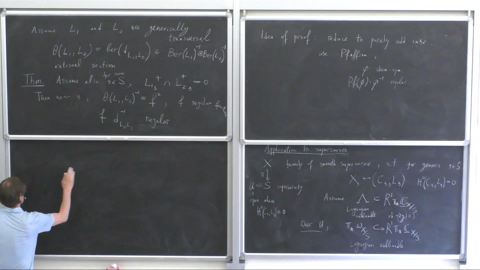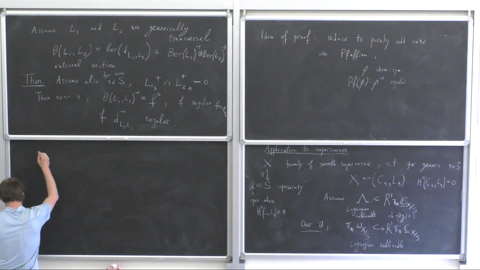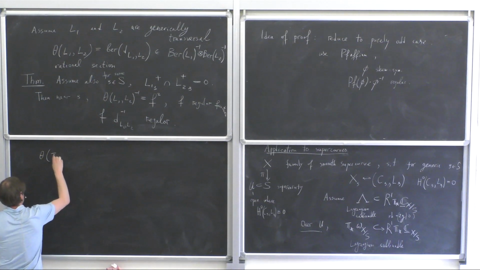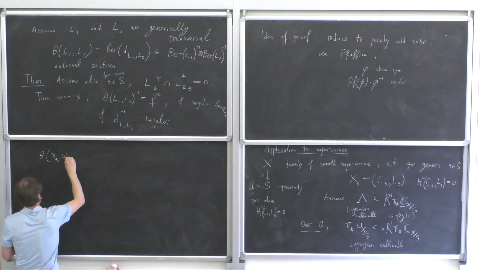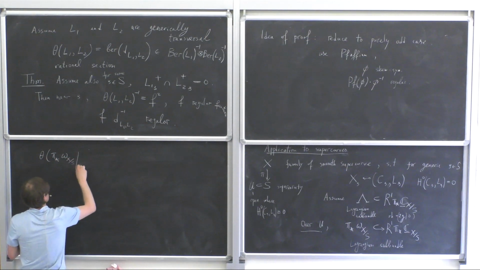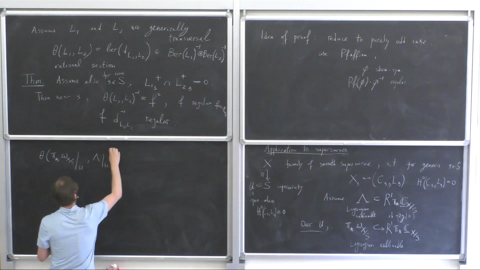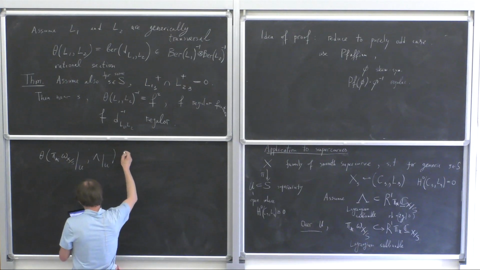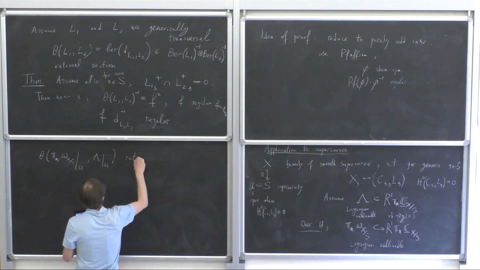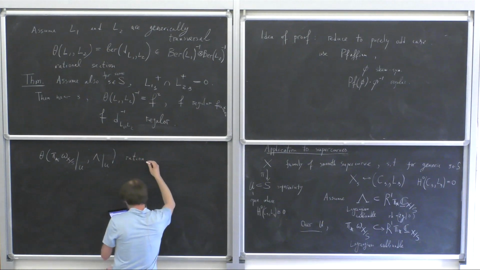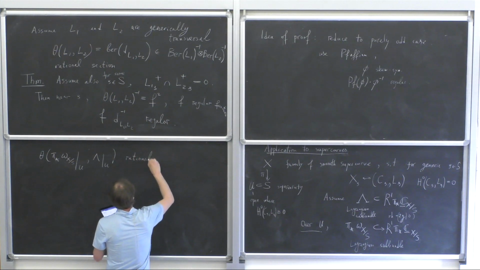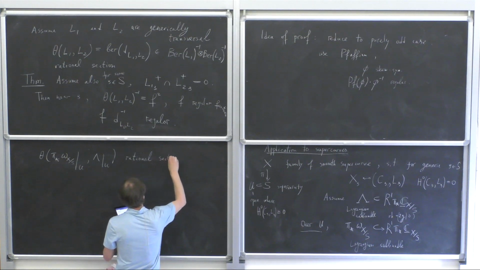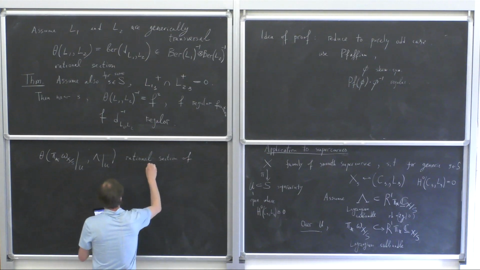So I apply this abstract formalism in the purely even case, and I get theta of the pair of Lagrangian subbundles, pi star omega x restricted to U and lambda restricted to U. And this will give me some rational section of some Berezinian line bundle. Okay, yeah, a rational section of a determinant.